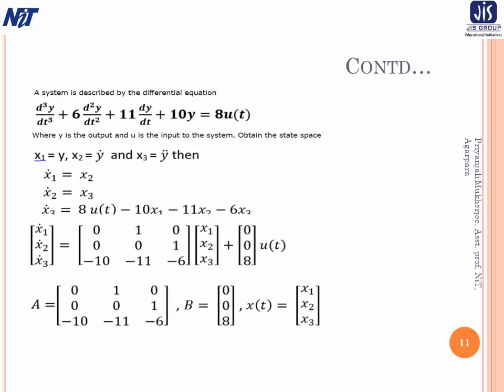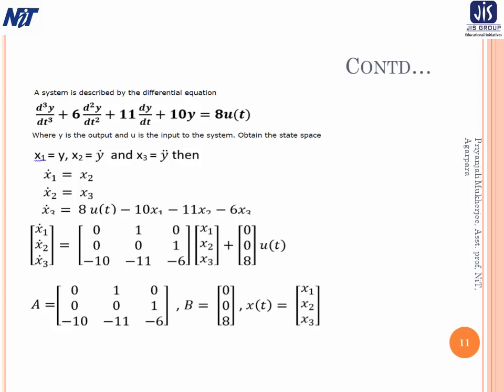So now we can use these three equations in the state equation, and we can convert this into the vector matrix form by the previous method. And y is only x1, so the C matrix becomes 1, 0, 0.